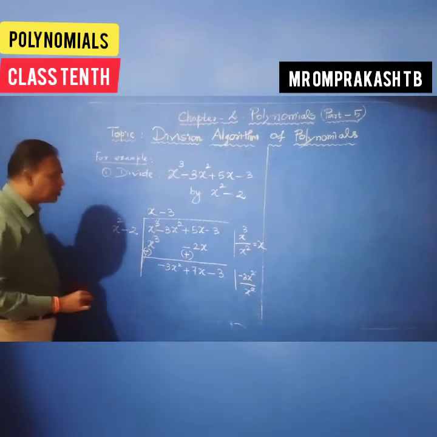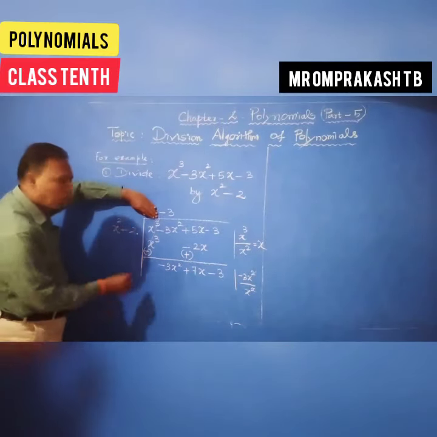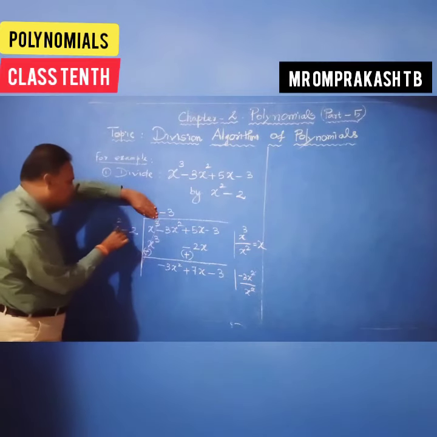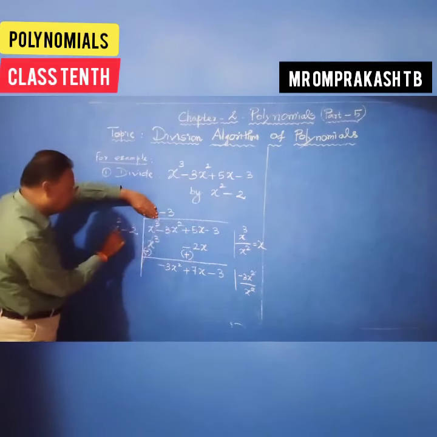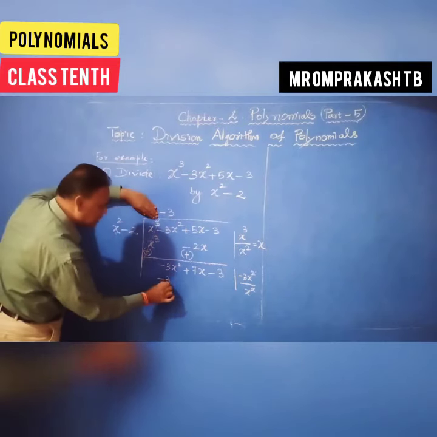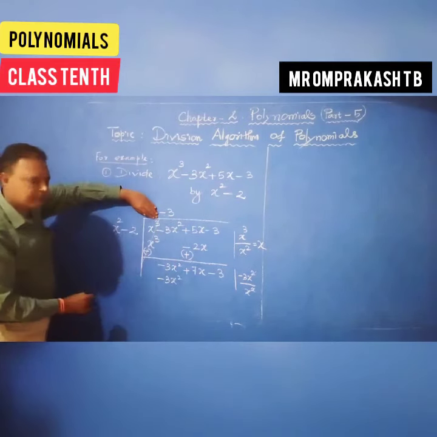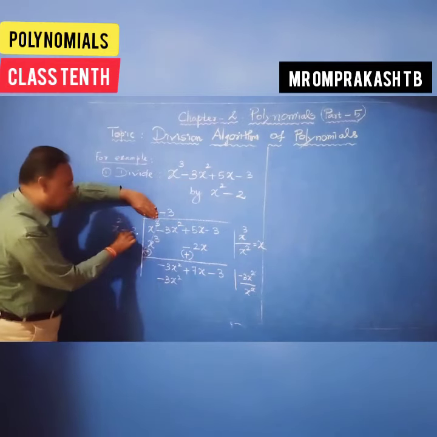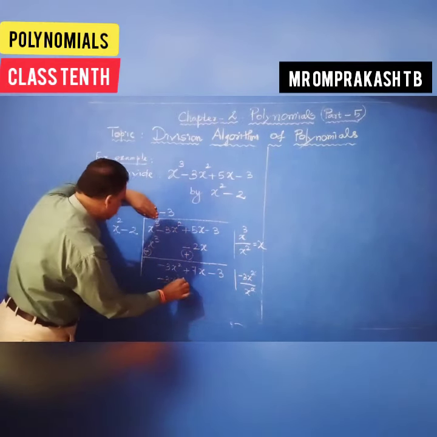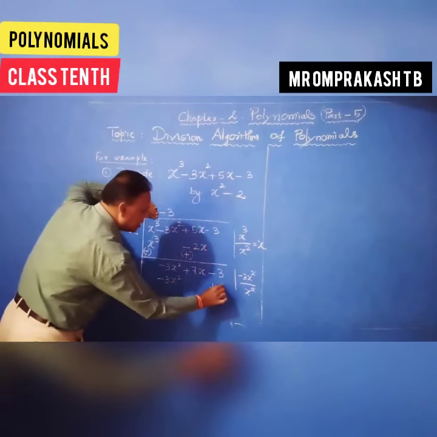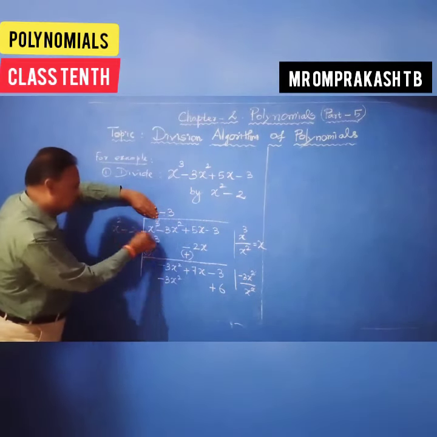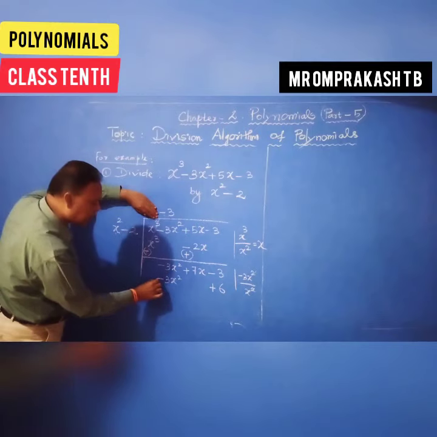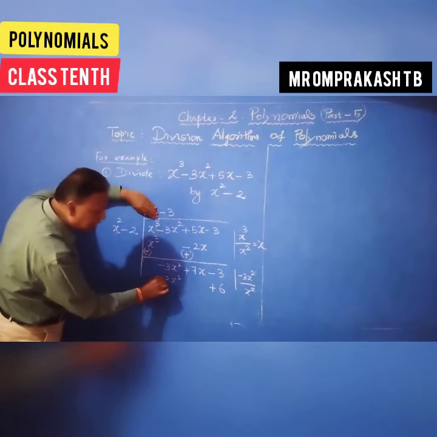Now ignore this x, only take minus 3 and multiply with this polynomial. So minus 3 into x squared, minus 3x squared. Minus into minus, plus 3 into 2, 6. So plus 6, write it here. Here the constant term is there, so write it. Minus into minus plus 6. Now again subtract. While subtracting, what do you have to do? Change the sign.